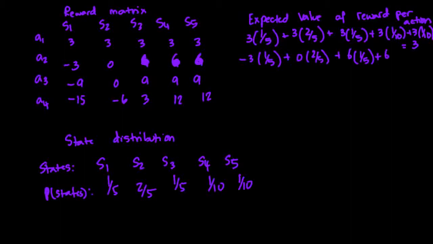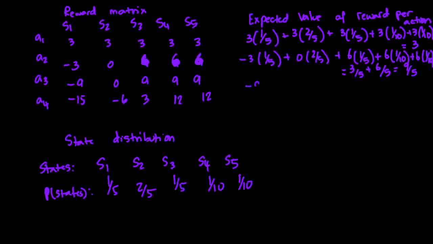The fourth would happen with a probability of 1/10, and the last one would happen with a probability of 1/10. Which would give me -3/5, 0, 6/5. We add all that, and the answer is 9/5. Now find the expected value for the third action.